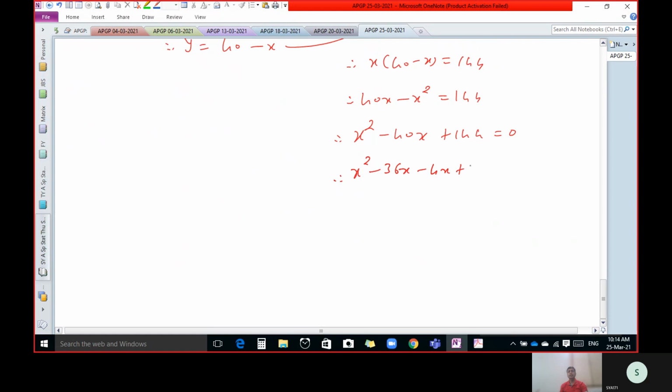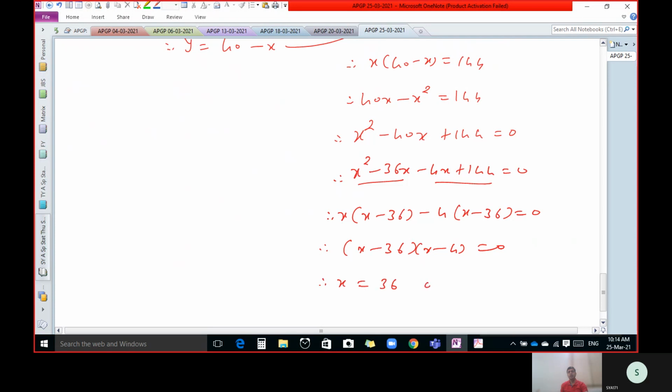That is the factor. Now take common x, x minus 36. Take common 4, x minus 36. So factors are x minus 36, x minus 4. So the value of x equal to 36 or x equal to 4.